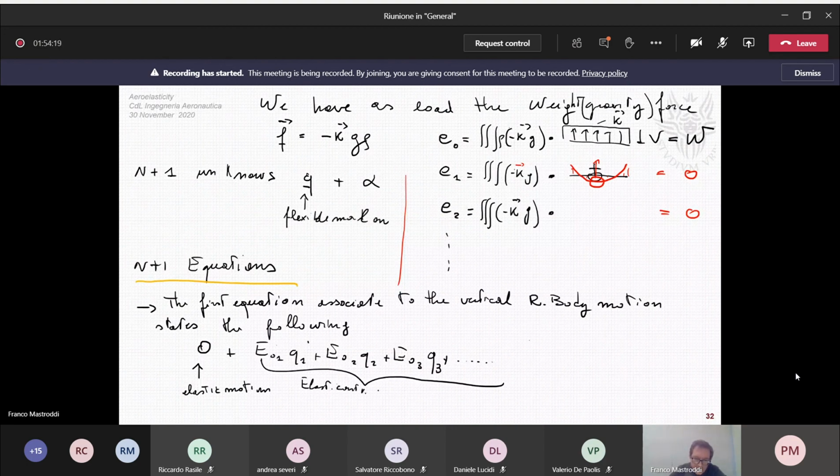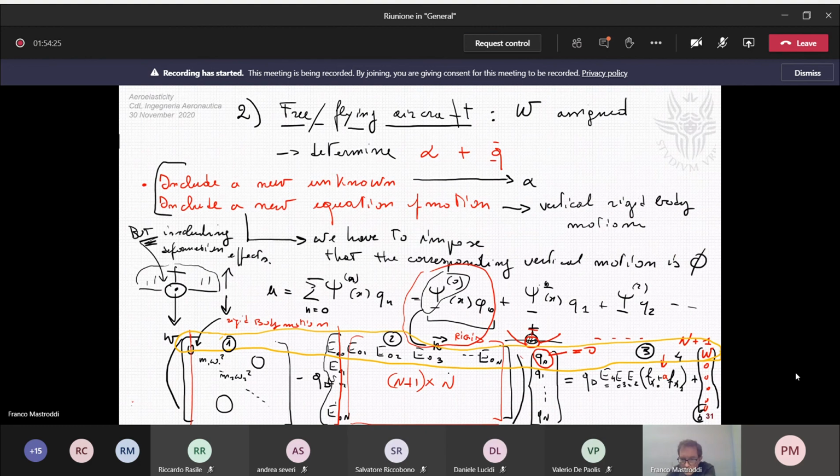The third term here is that involving phi 0. So this is the contribution to the lift given by the asymmetry at zero angle of attack, as you said before. The number 4 is the contribution given by the angle of attack, and this should be the higher contribution. And finally, all this is balanced with the weight.